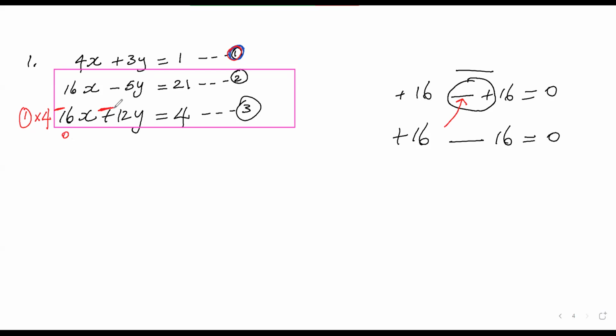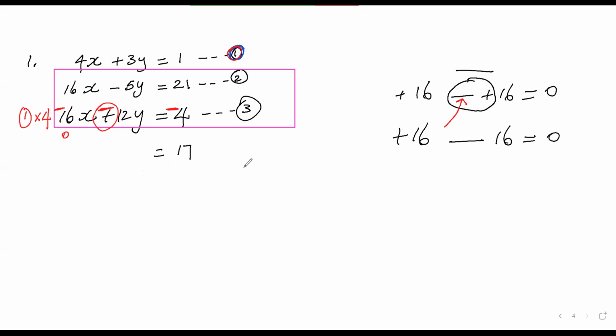So that's minus and a plus is a minus, right? Minus and a plus is a minus. So that ends up with 5y minus 12y, right? And minus here. So let's do the easy parts first. 21 minus 4. That's what, 17?